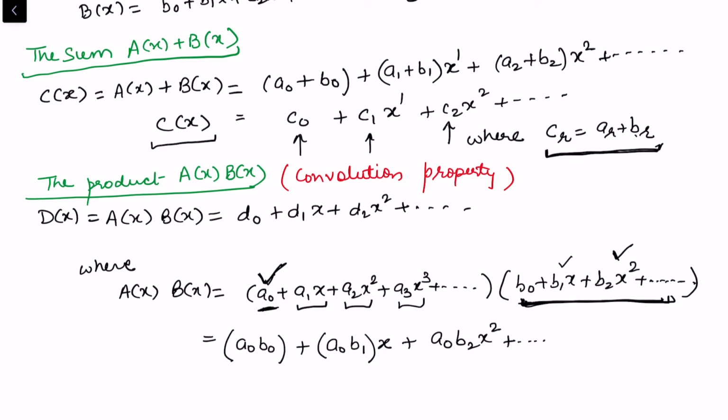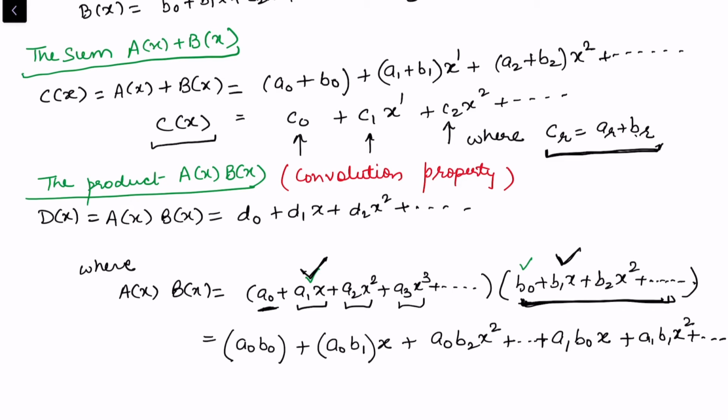Then we multiply a1 x with b0. So here we get the term a1 into b0 times x plus, then this a1 x will be multiplied by b1 x. So this will be a1 b1 x square and so on.